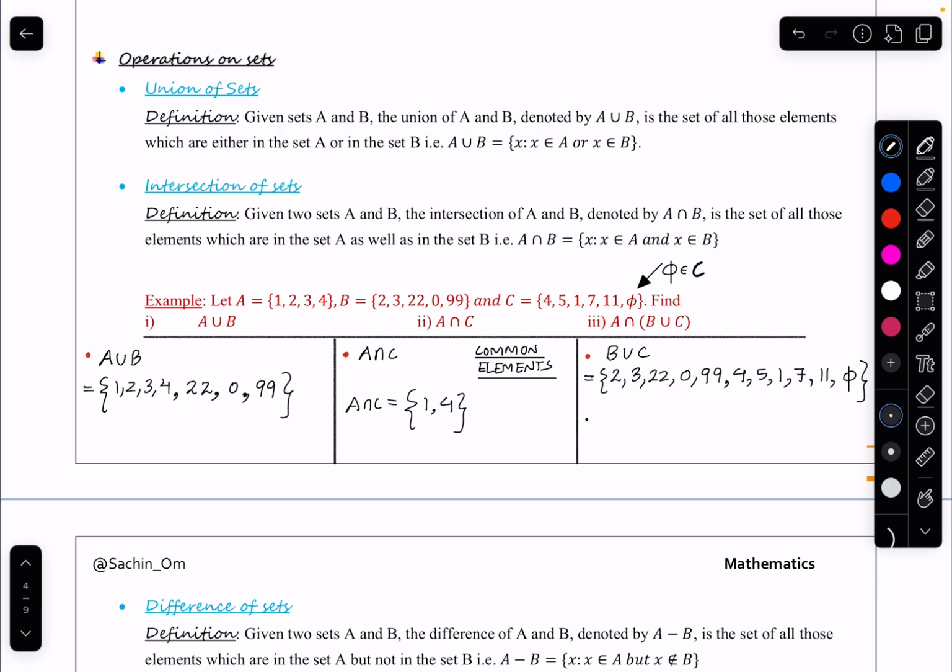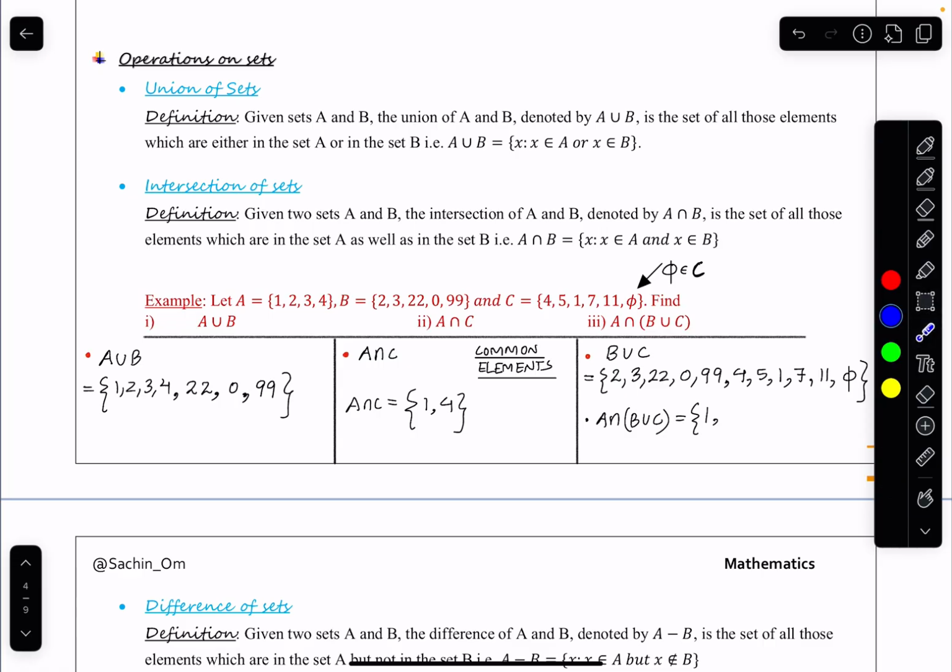Now the thing that I am up to is finding A intersection B union C. Intersection means I need to take common elements. So let's talk about the common elements then. A has 1 in it, B union C has 1 in it as well. So the intersection will have 1 in it.